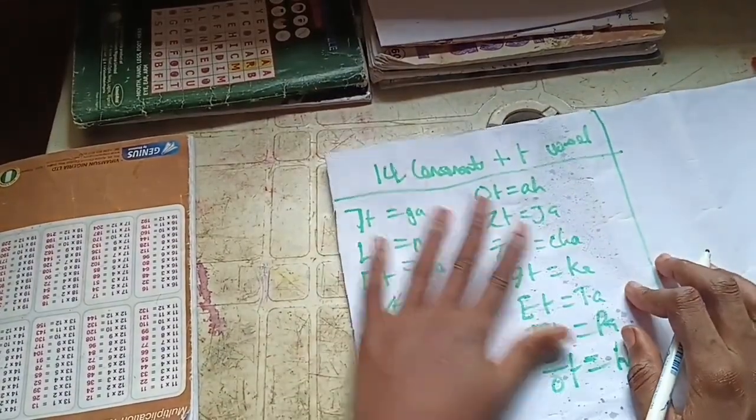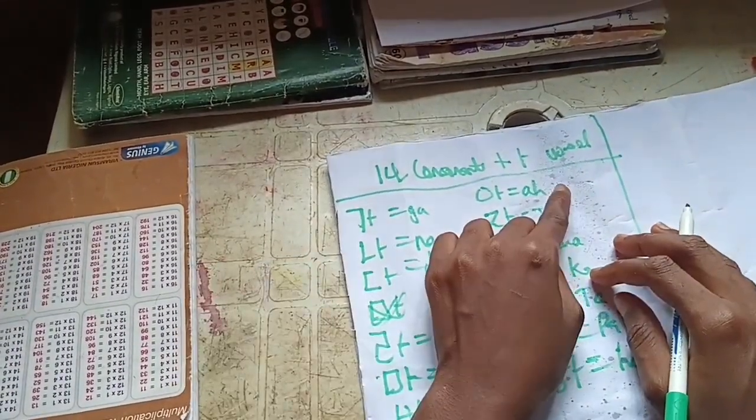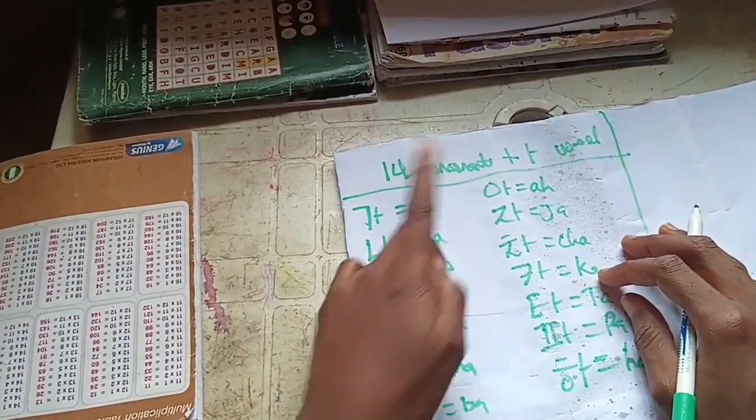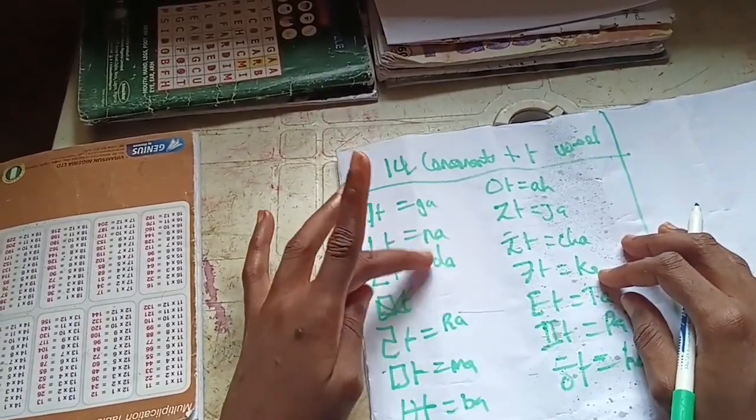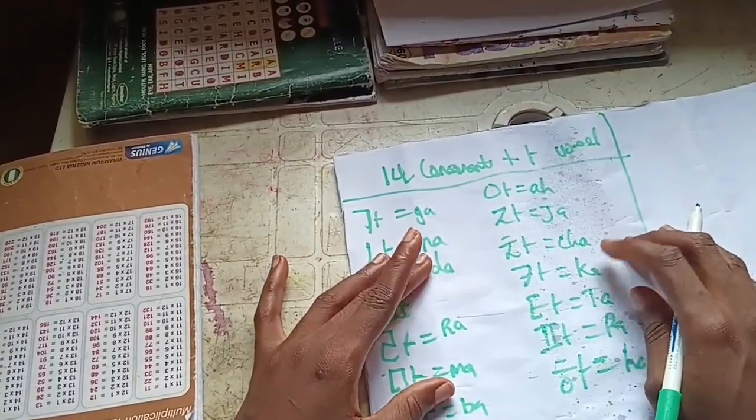So this is a combination of the 14 consonants with the ah vowel. Ga, na, da, ra, ma, ba, sa, a, ja, cha, ka, ta, pa, ha.